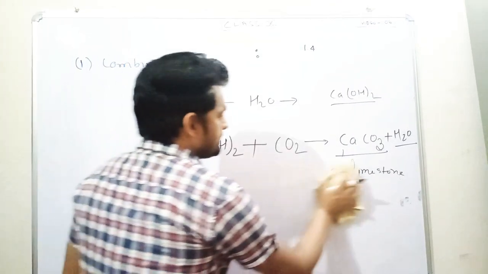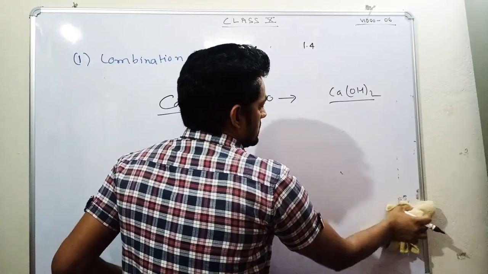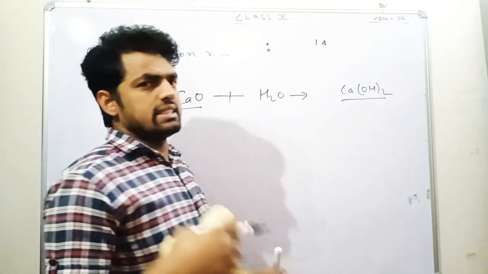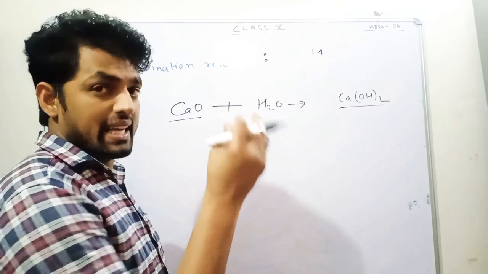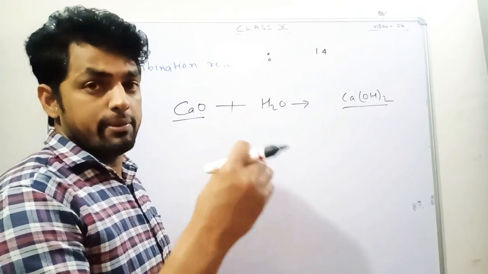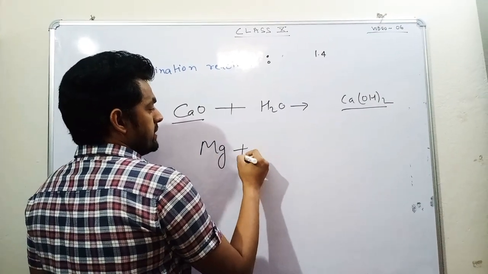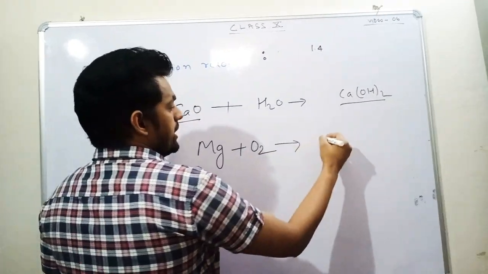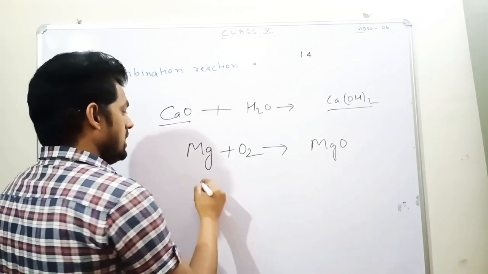Now we will take 2 or 3 more examples of combination reaction. We will not discuss the NCERT book's respiration here, which is also an exothermic reaction. We will discuss these things in the particular topic exothermic and endothermic, where we will discuss it briefly. At the start of this chapter, magnesium ribbon was burned in the presence of oxygen and it formed MgO. It is also an example of a combination reaction.